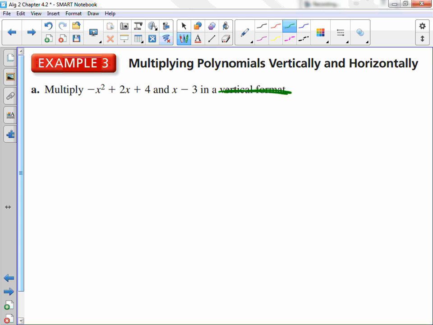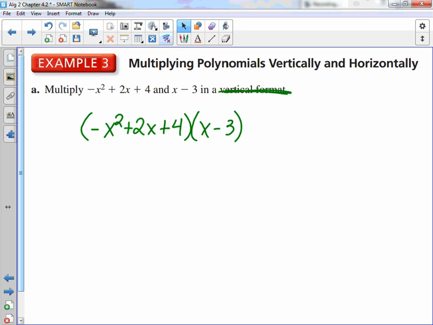So I don't do vertically because I don't see a whole lot of point in it. So what we're going to mainly do is horizontally. We're going to do it like this here. And then we're going to distribute.